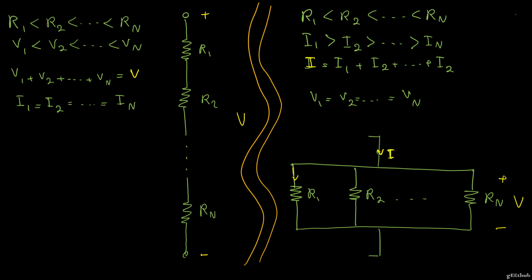So two things here: voltage drop across series resistors favors the highest resistance, and in parallel circuits, the path of least resistance gets the most amount of current.